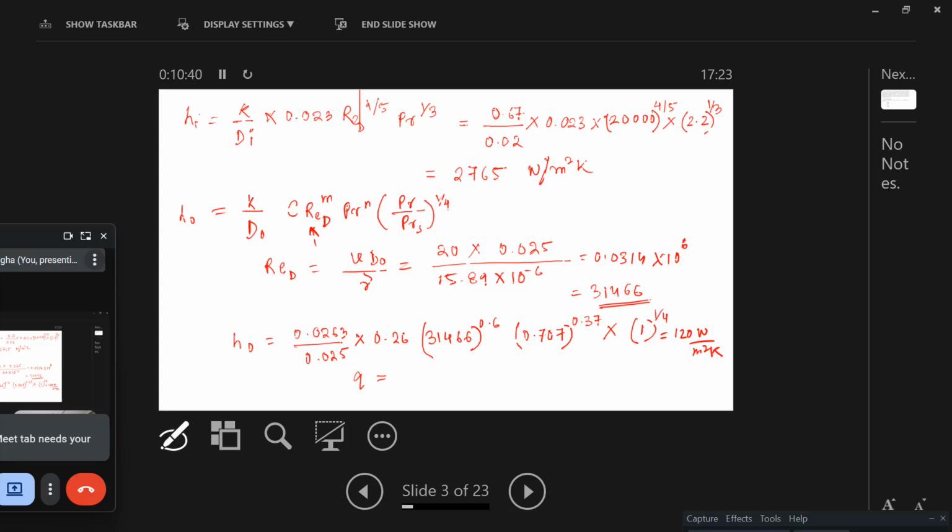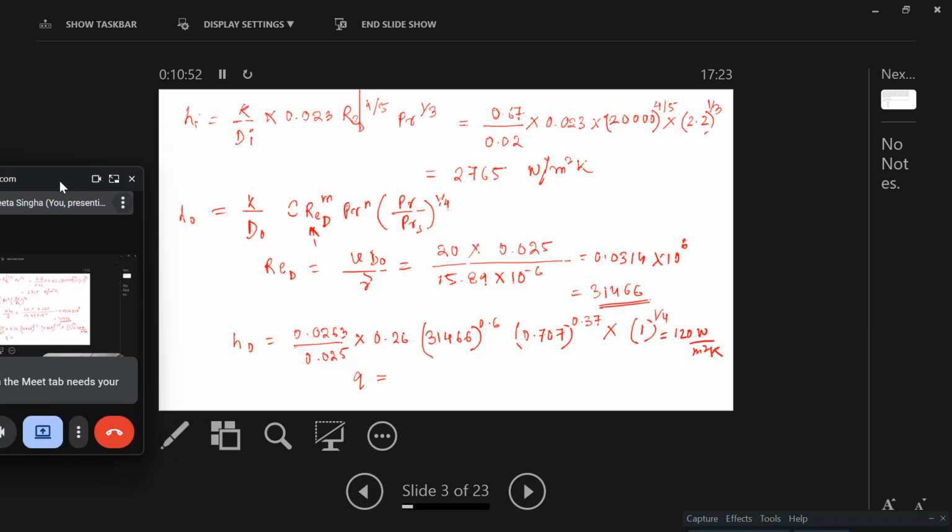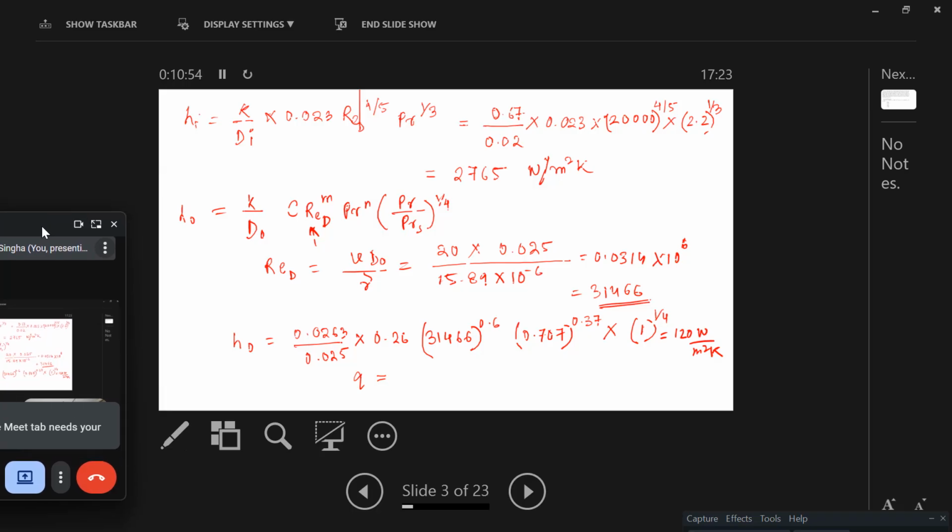Now what is Q? Since there are two heat transfer coefficients, we'll go with the overall heat transfer coefficient, that is UA (Tm minus T infinite).